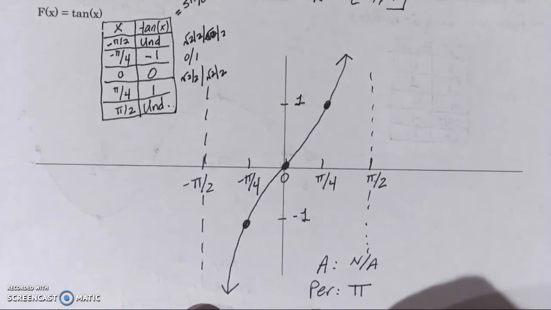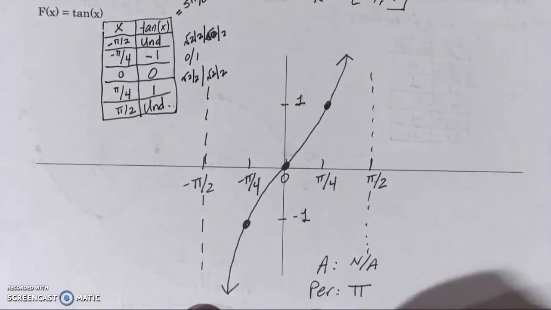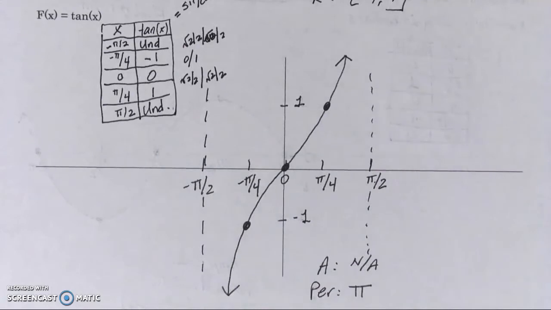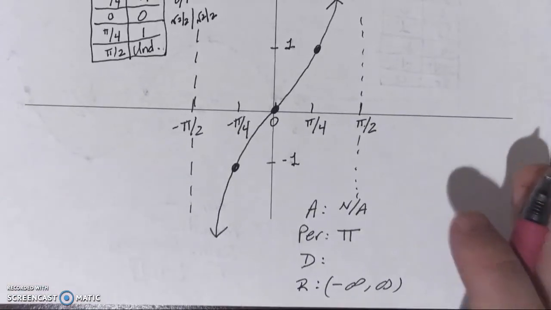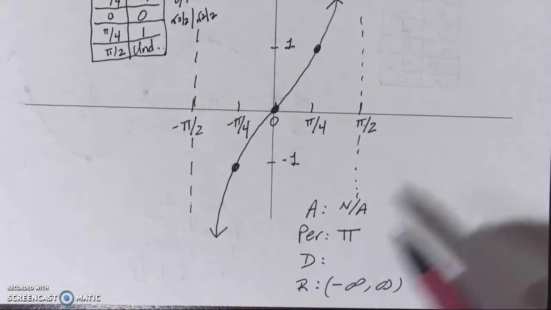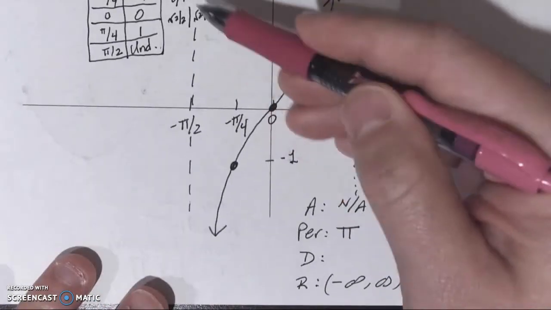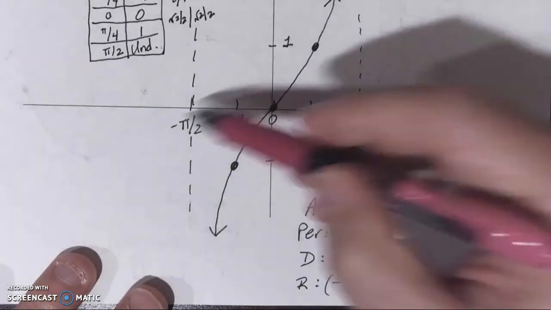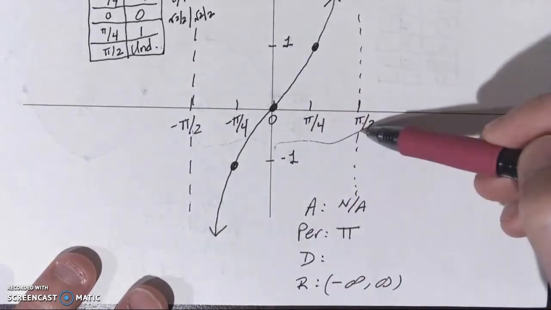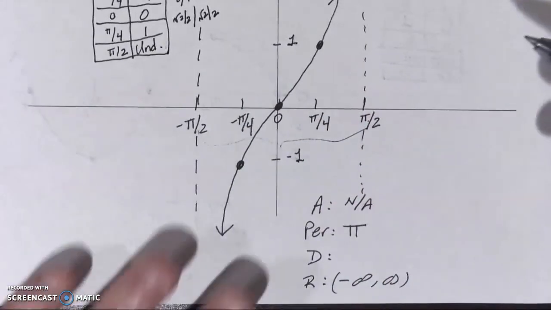The range, -infinity to infinity, as you can see these arrows from bottom to top. The domain of this graph, okay, we have to exclude these asymptotes. But since this is cyclical, the asymptotes will continue to happen every distance of pi. So here's how we write that.